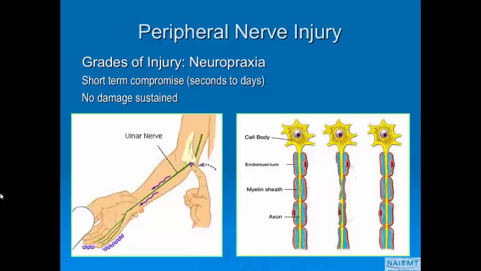This grade of injury is referred to as neuropraxia. In this, the endoneurium, the myelin sheath, and the axons are all intact, although they have been mildly compromised. They will bounce back and function normally after a short period.